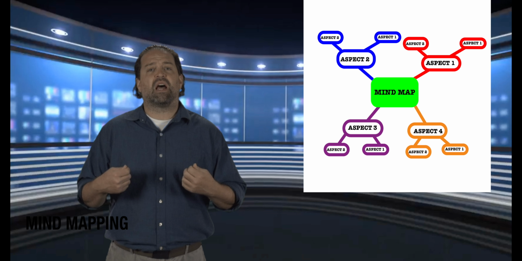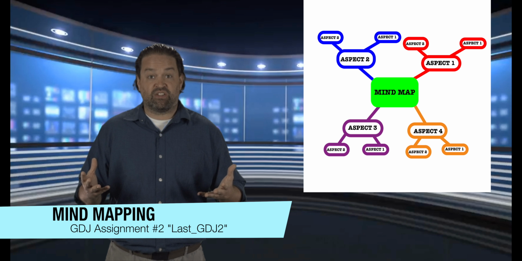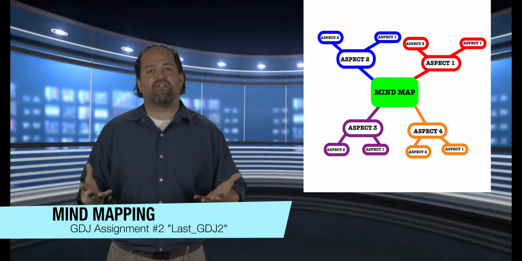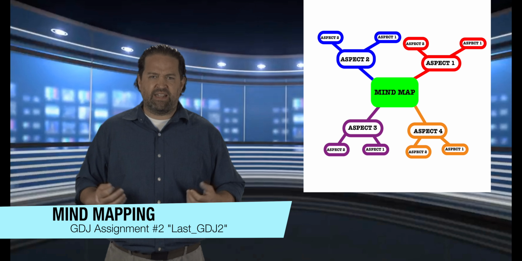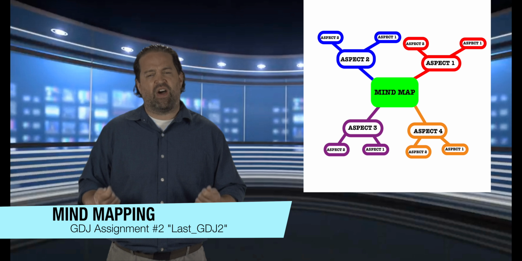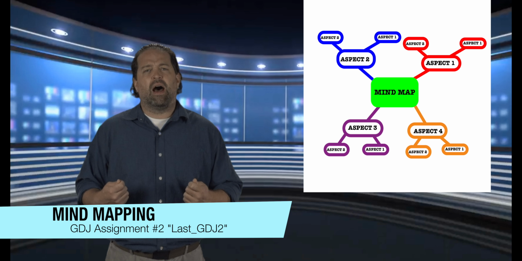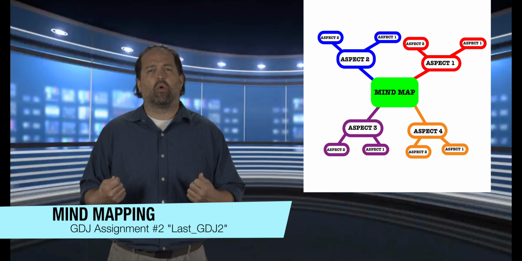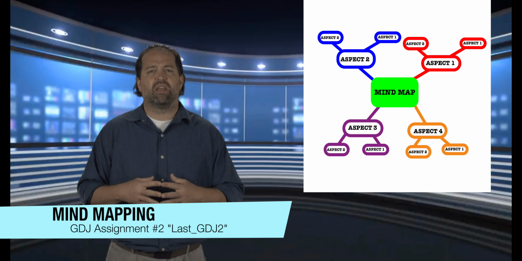Then I will give you assignment 2, which is going to be mind mapping. The mind mapping assignment involves you creating a graphic organizer, or a mind map, for 3 of the ideas that you like from that first 5. You're going to use Adobe Illustrator to do that, and I will create a brief tutorial showing you how to make a mind map with Adobe Illustrator.